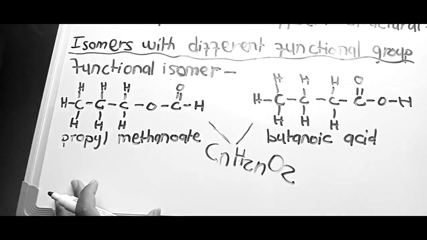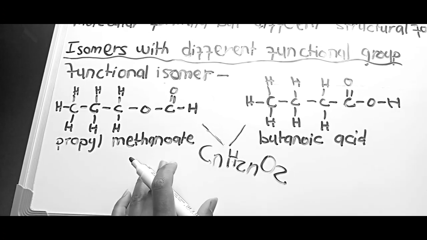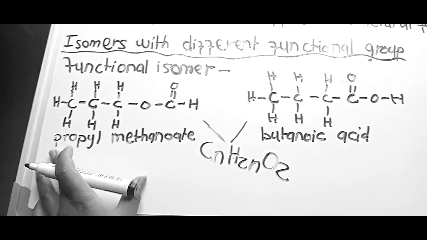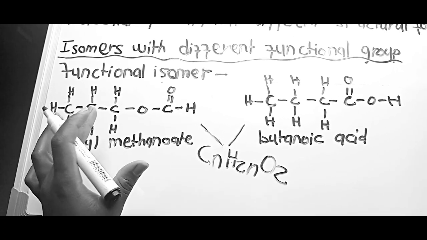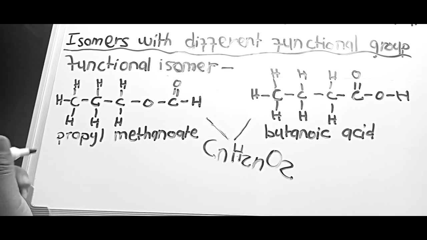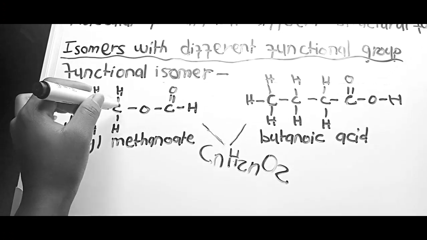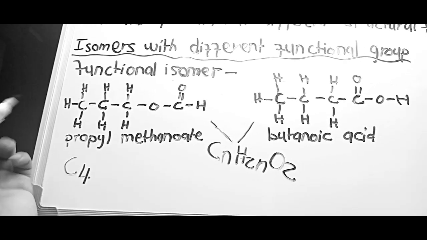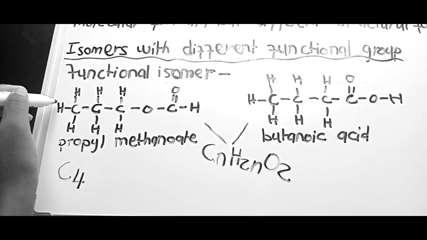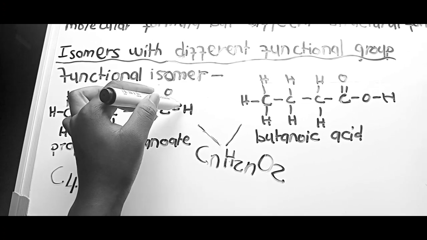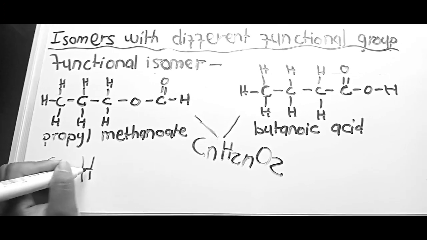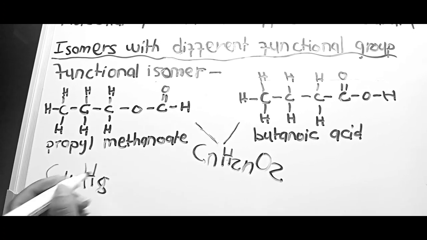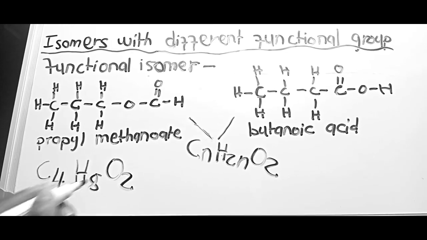So in my example, I have propyl methanoate and butanoic acid, right? How many carbons do I have in this homologous series? It's 1, 2, 3, 4. It's C4. How many hydrogens? 1, 2, 3, 4, 5, 6, 7, 8. H8. And 2 oxygens, O2, right?